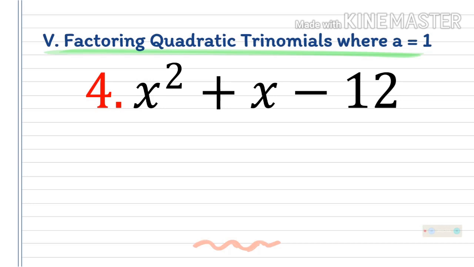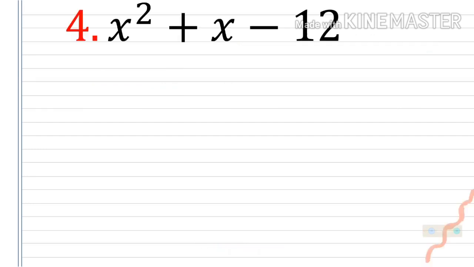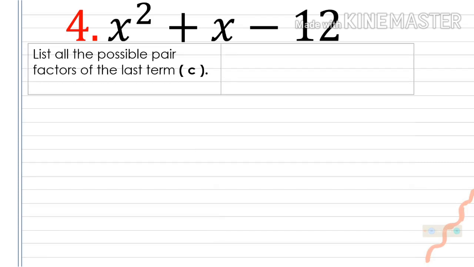We have x squared plus x minus 12. So this time, our middle term is positive and our last term is negative. Just like what we have done on the first to third examples, again, you are going to list all the possible pair factors of the last term.